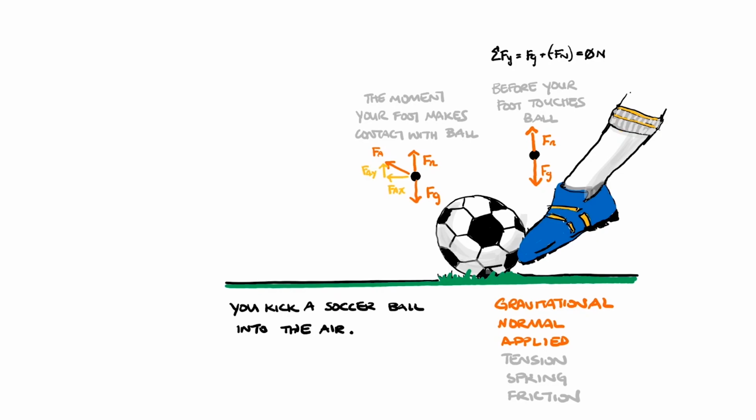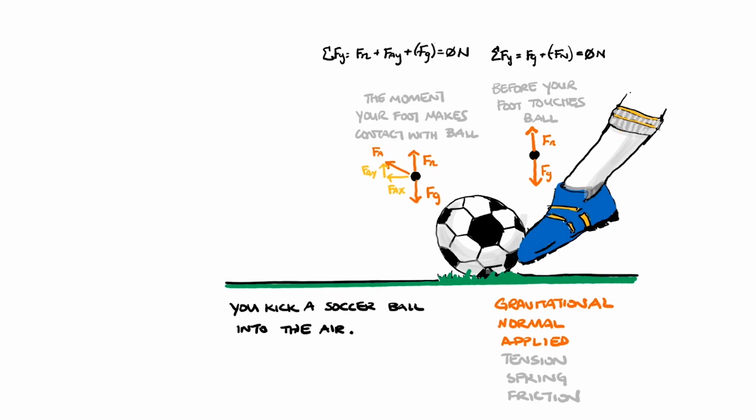If we were to total the vertical forces, the net force would be upwards, causing an upwards acceleration. We can write this as the summation of vertical forces equals the normal force plus the y component of the applied force plus the gravitational force in the opposite direction, which does not equal 0.